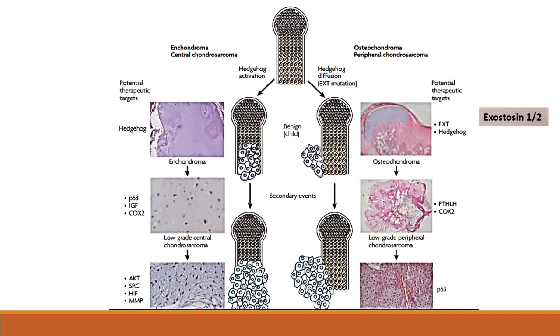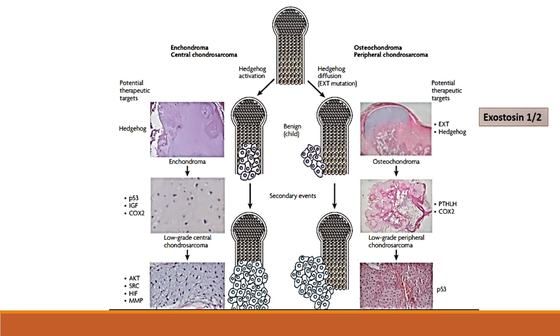So cartilage cells become more neoplastic, and gradually there may be other things like AKT pathway defect, SRC defect, there may be HIF, hypoxia inducing factor defect, and MMP, that is a defect in the matrix metalloprotease that confines the growth of the cartilage and the bones. If there is a defect on this, that will lead to the abnormal formation of these neoplastic chondrocytes.